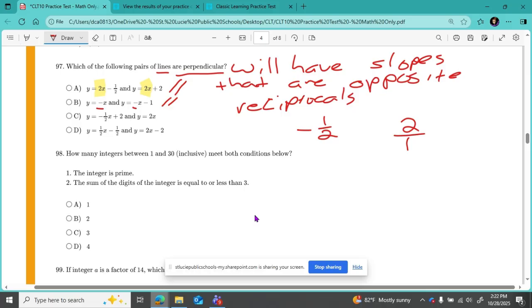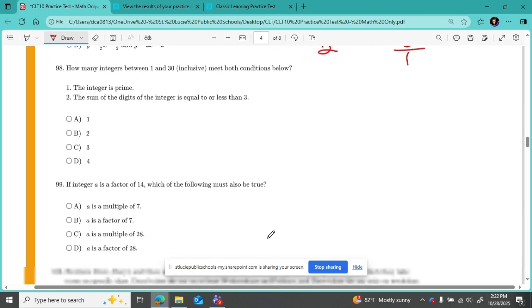They are reciprocals because 1/2 and 2/1, the numbers were flipped around. So C has perpendicular slopes, and D, they are reciprocals but not opposite. So they would just be different lines, not parallel or perpendicular.